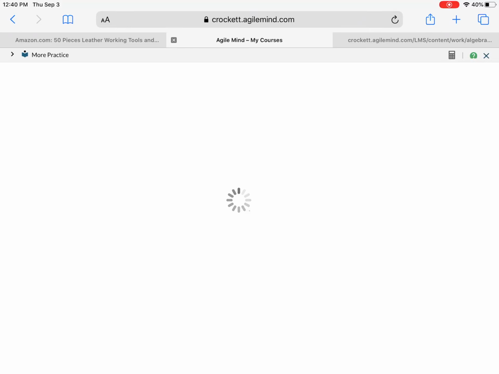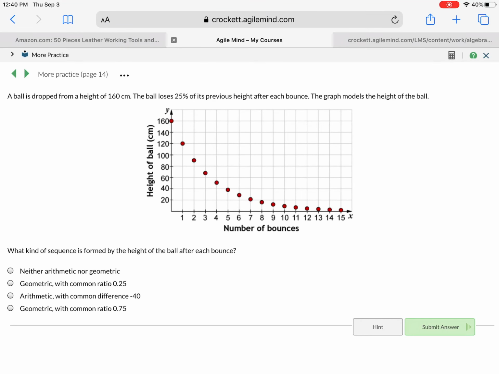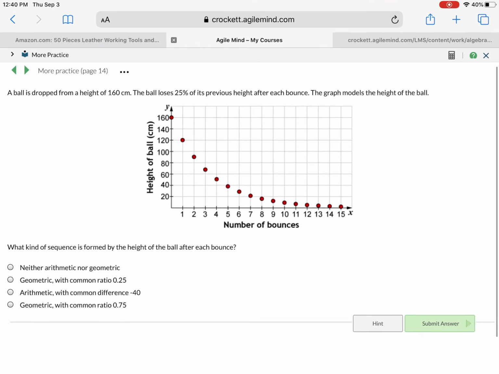All right. Next we have number 14, okay? So all you have to do here is locate the difference of the height on each bounce. So you're going to look at number of bounces. Look at 1. It goes to 120.